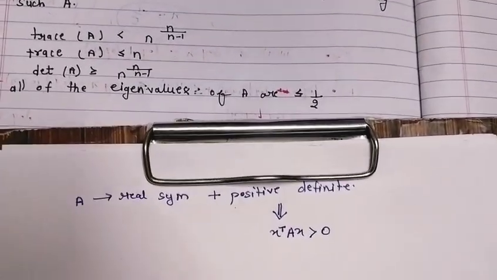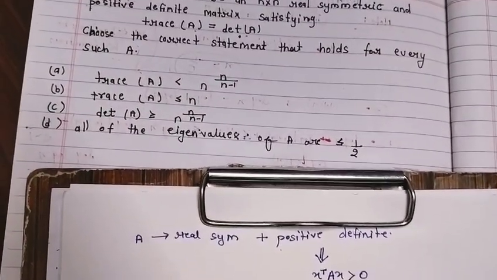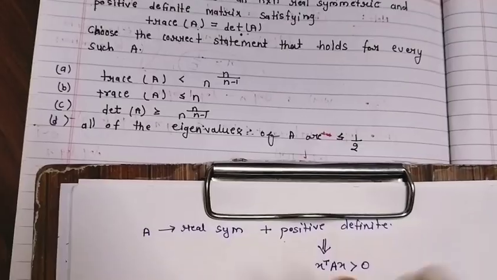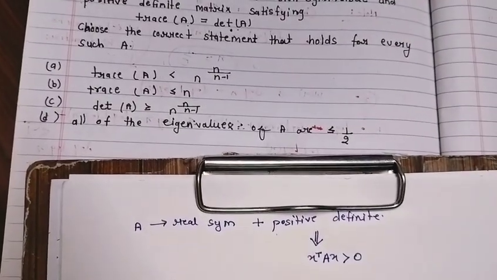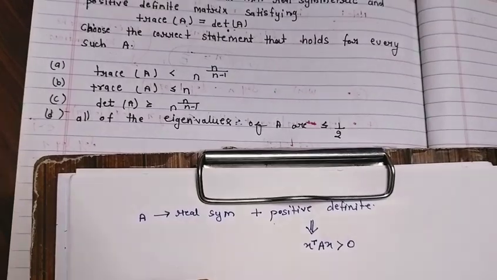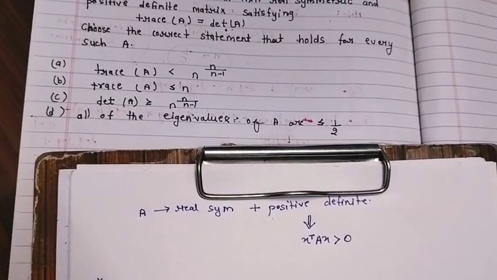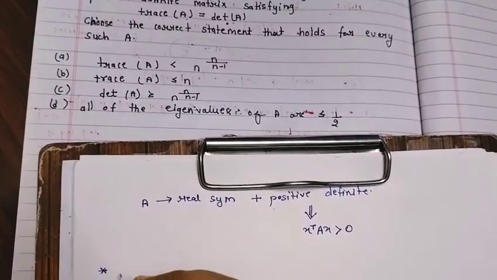I will do this problem by taking a counter example and also by using properties of positive definite matrix. It has some properties. I am writing those here. You should remember these properties.